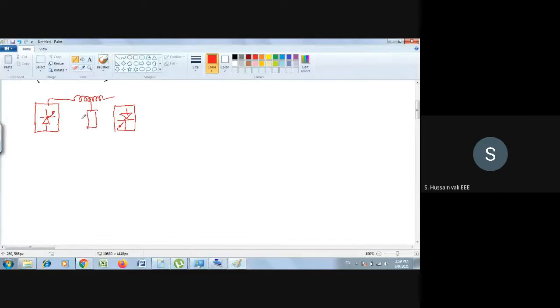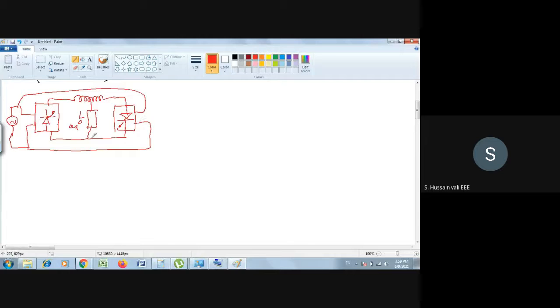Then you have the motor, that is, I will write here, load. Then you have the supply here. Supply is connected here. The same supply is connected here. Okay, this is your dual converter.